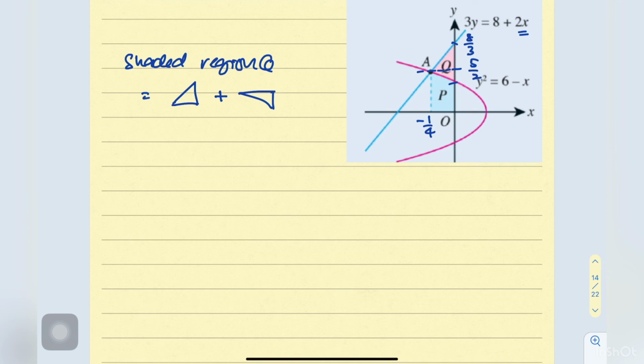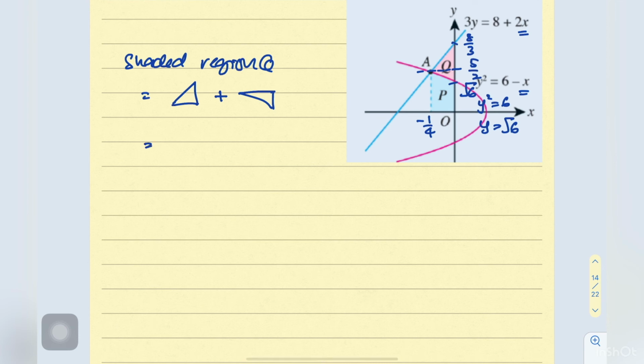Next, the y-intercept for the curve: when x equals 0, y squared equals 6, so y equals square root 6. Then we can find the area.